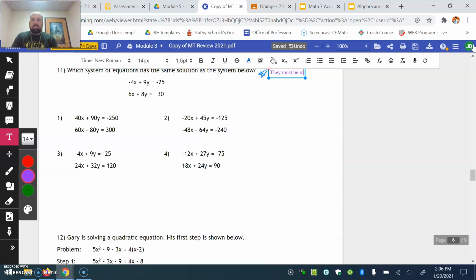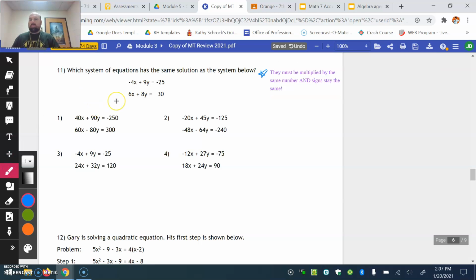They must be multiplied by the same number, and, all capital there, signs stay the same. Okay, so in order for this to work, we've got to multiply both equations by the same number.